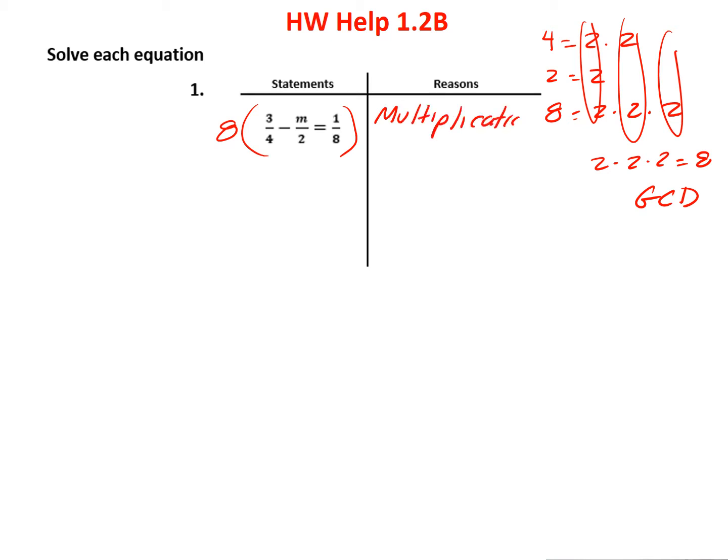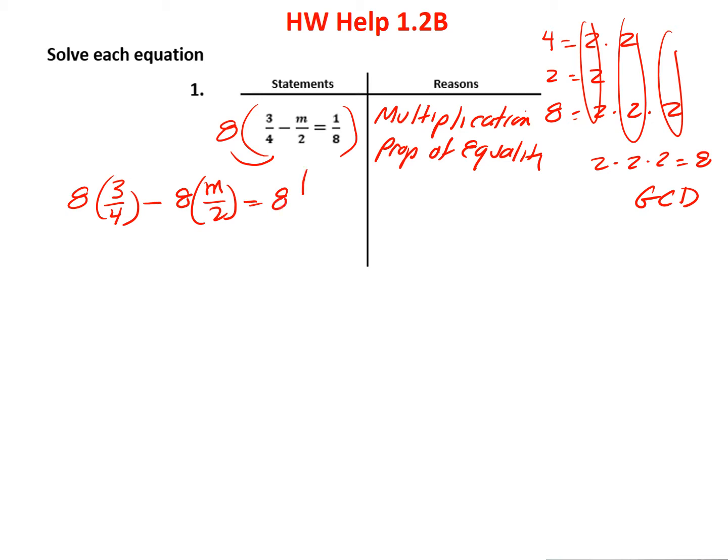I can do this using the multiplication property of equality. Now when I distribute this through, notice I'm going to get 8 times 3/4 minus 8 times m over 2 equals 8 times 1 over 8.